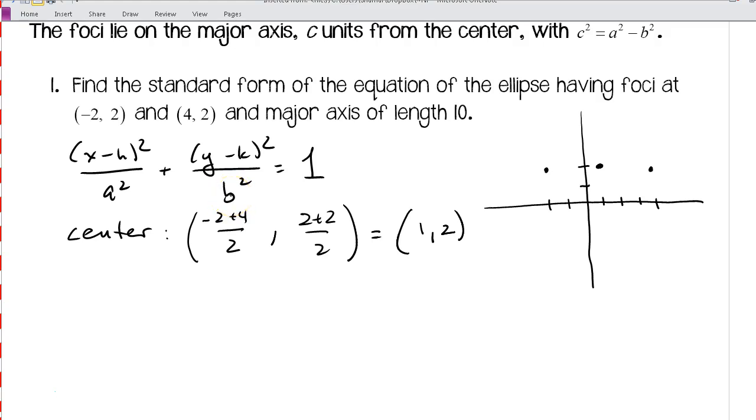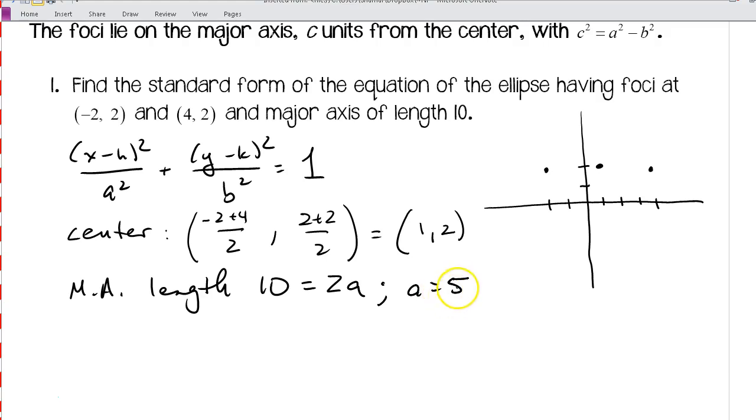And since I have a major axis of length 10, that tells me what 2a is. 2a is going to be my major axis, which means that a is going to be 5.